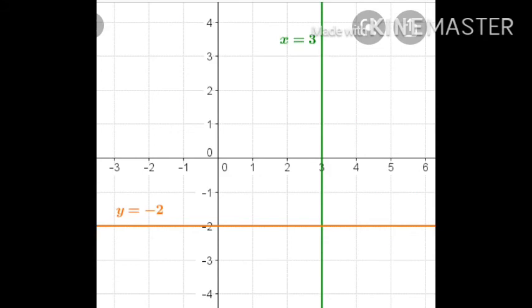I think everyone should understand how to locate a point on the Cartesian plane. Now solve exercise 3.3 in your homework copy, questions 1 and 2. Please use graph paper to do this exercise, then it will be easy for you to understand the graph.